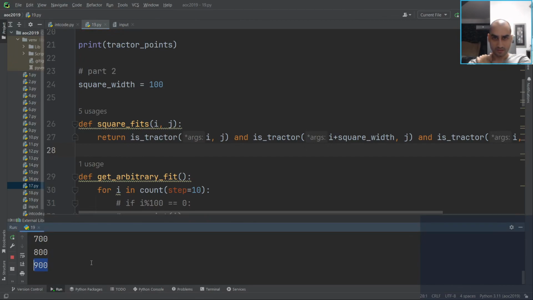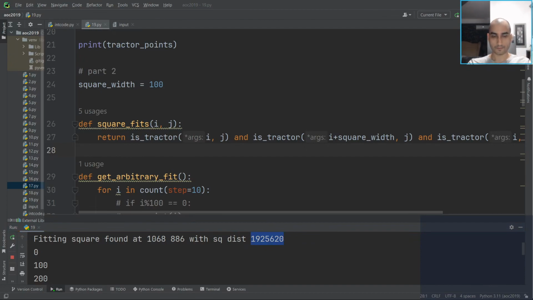900? So that number, square root of that, what is it? 1387. So we will go up to 1387 before we stop this process here. Hopefully we find something.